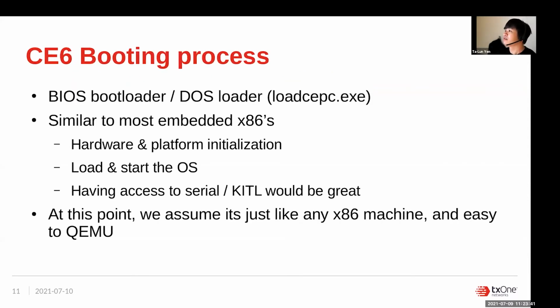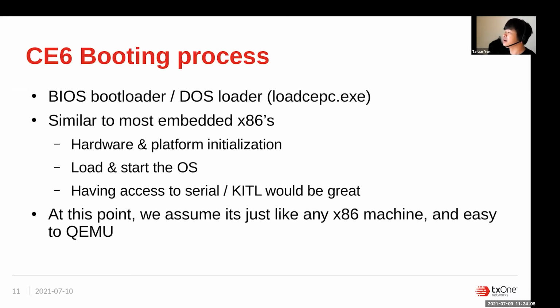In the beginning, we studied how CE6 boots. We assumed that it is just like ordinary x86 machines, going to the operating system after the power-on self-test is done. In CE6, there are two methods you can boot into the OS. One is what Microsoft called the BIOS loader. It is much like U-Boot in modern days.